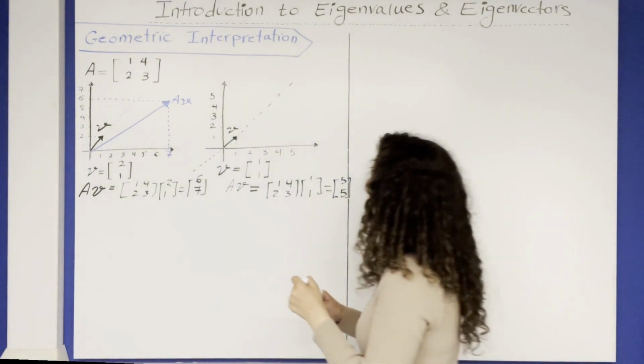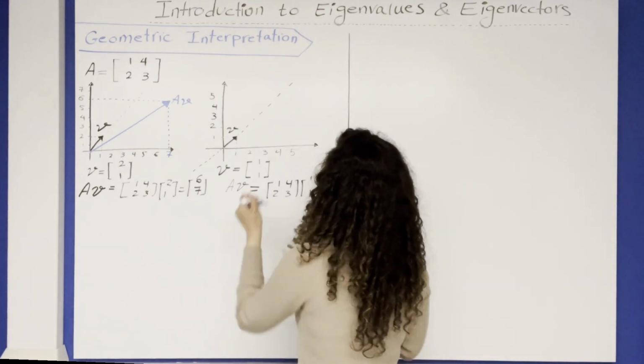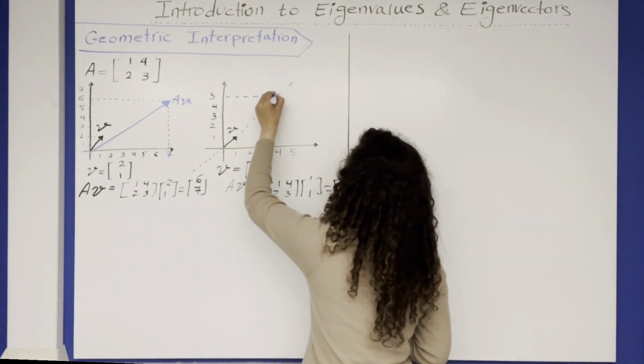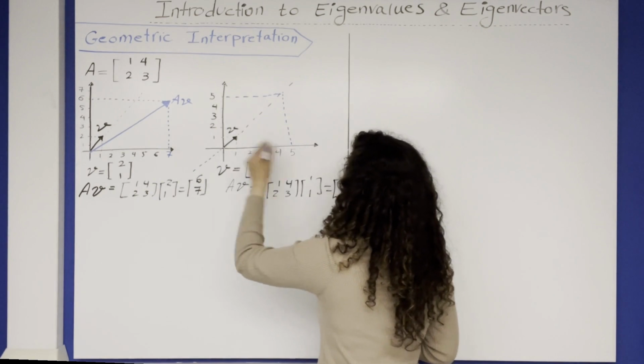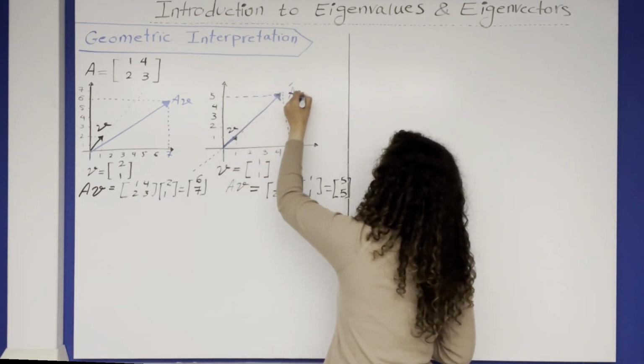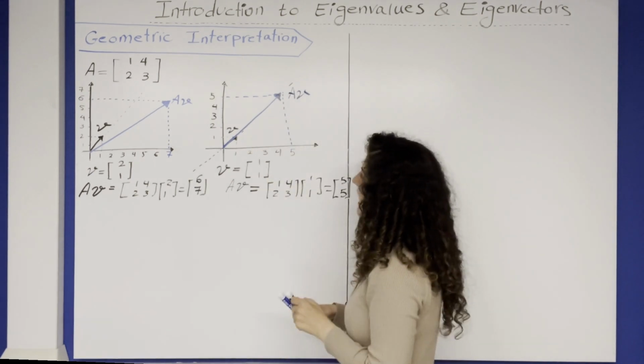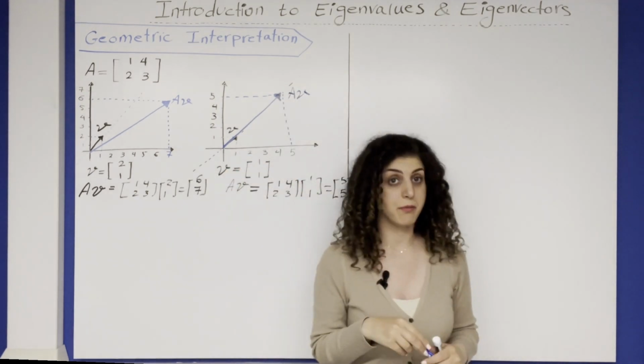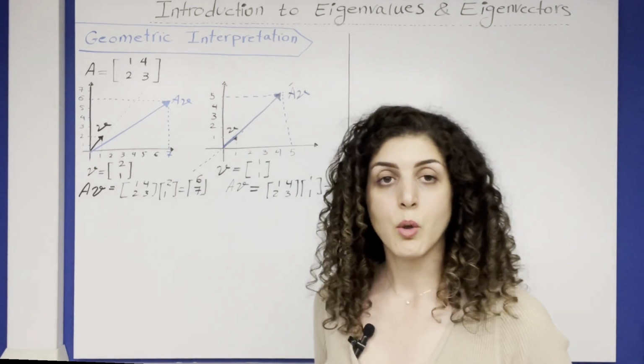Okay, so if I draw this on the plane, it's gonna be this vector. So as you see, AV is exactly on the same line as vector V. So in other words, they are collinear.